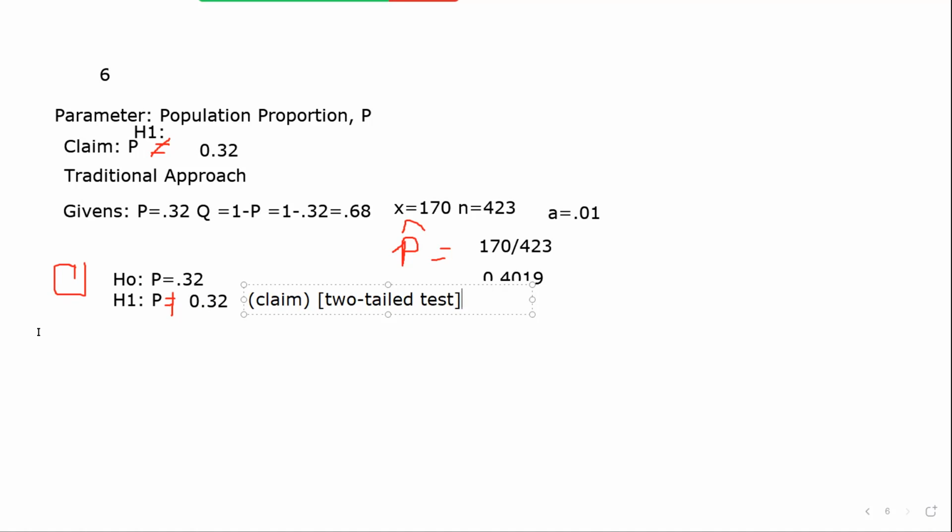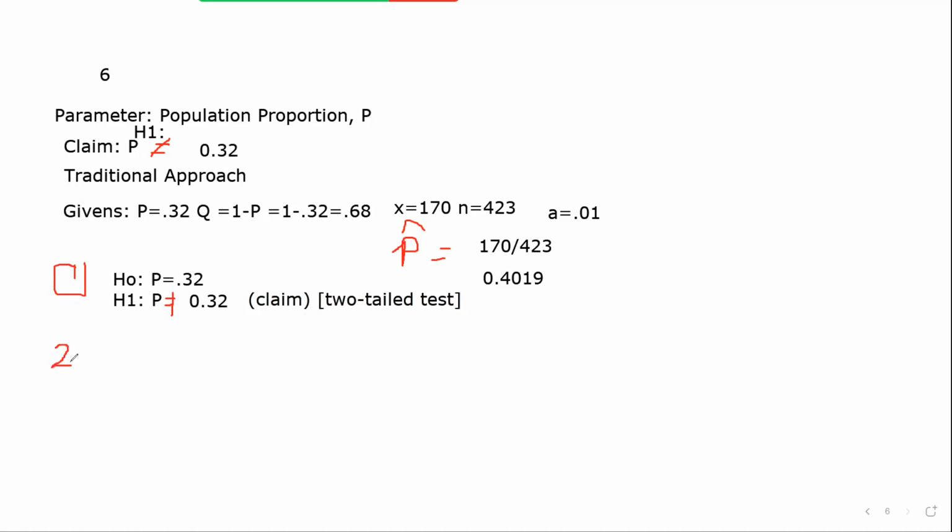Number two, remember this is the traditional approach. So we're finding the critical value next. We have two of them, because it's a two-tailed test. So here we're going to find our critical values, step two.